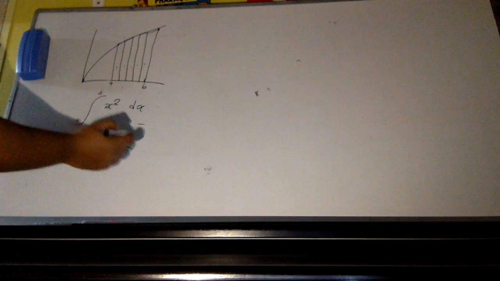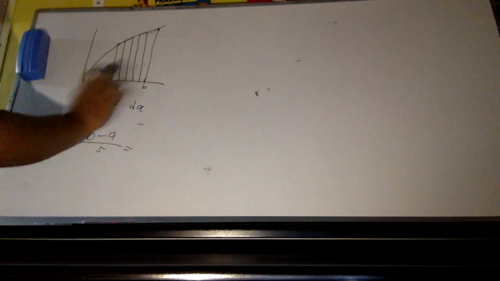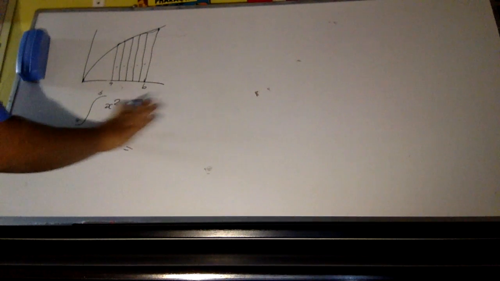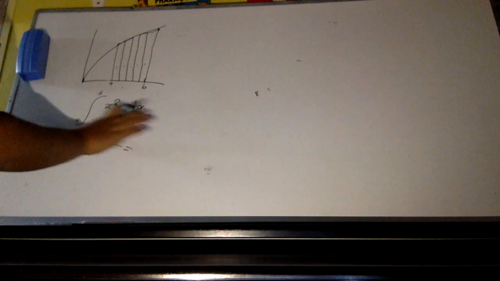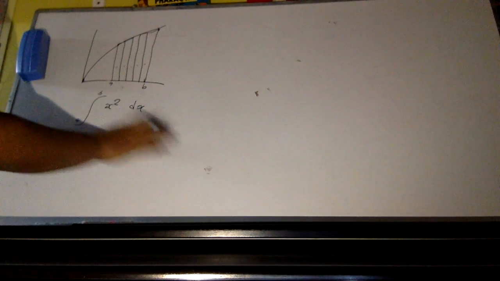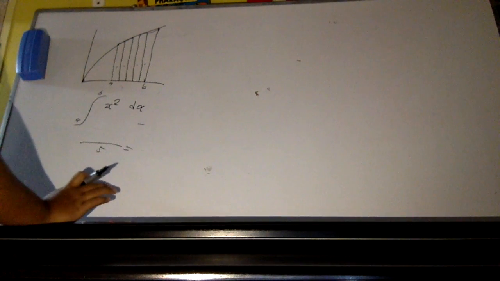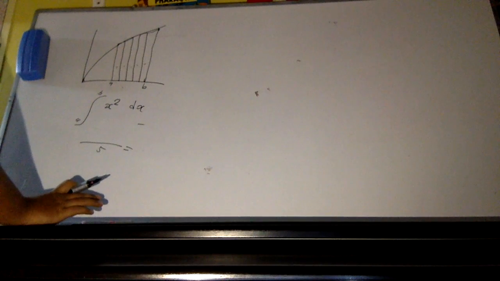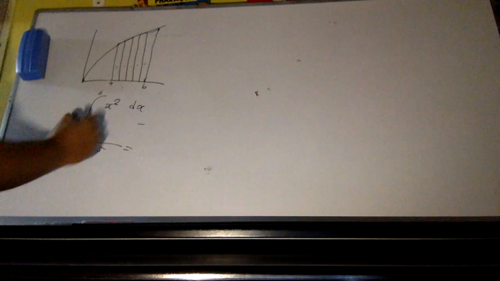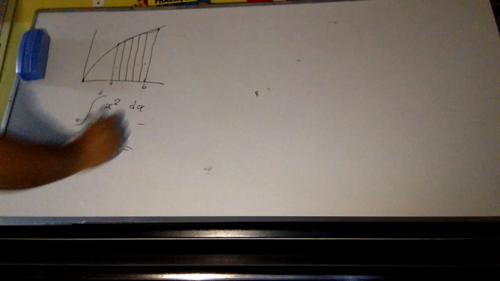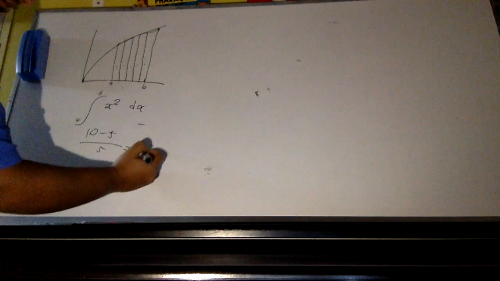So next, what you're supposed to do is, let's just give these numbers for now. Let's just say it is 10 and 5. So 10 minus 5, right? So you'll get 1.